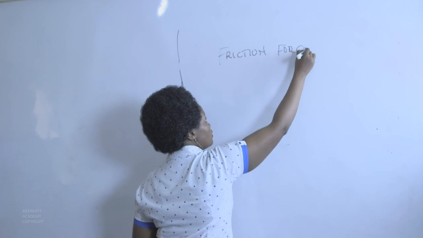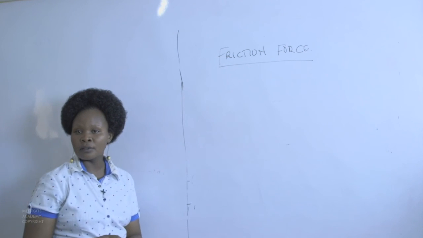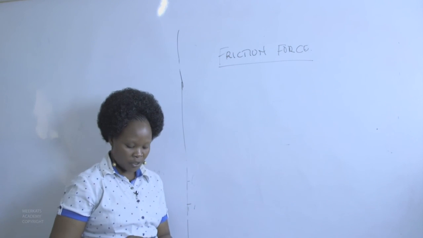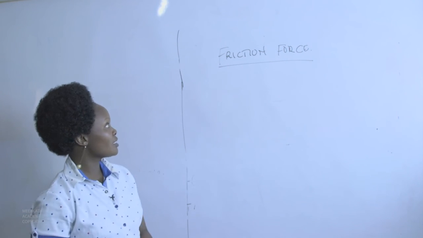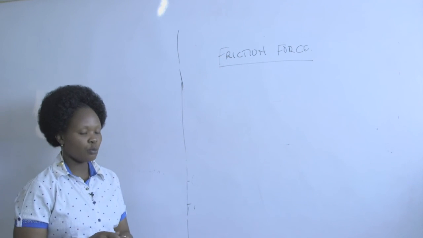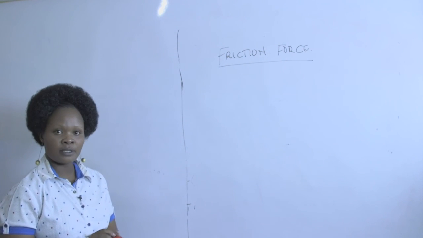And friction basically is a force that opposes motion between surfaces.